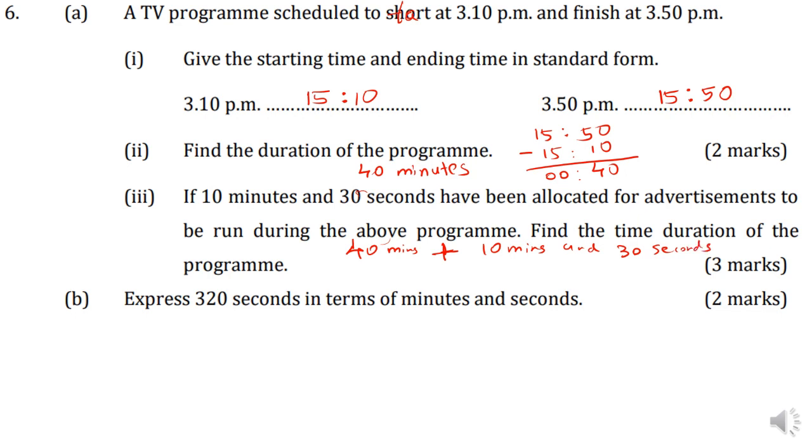So you can do a kind of addition like minutes, seconds. That means 40 minutes and 10 minutes and 30 seconds. 0 here, 3, 50. So it should be 50 minutes and 30 seconds.